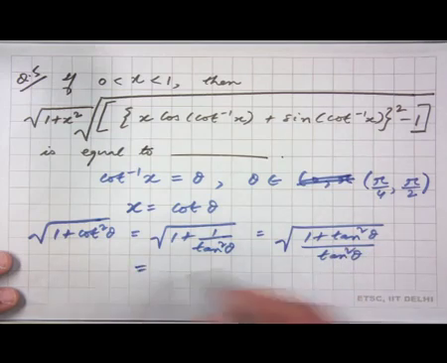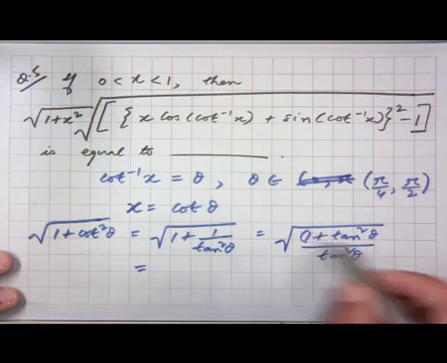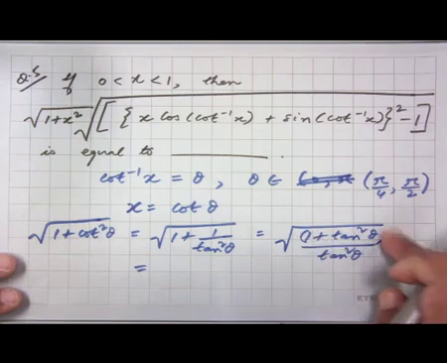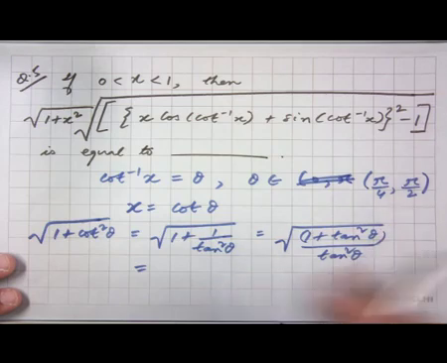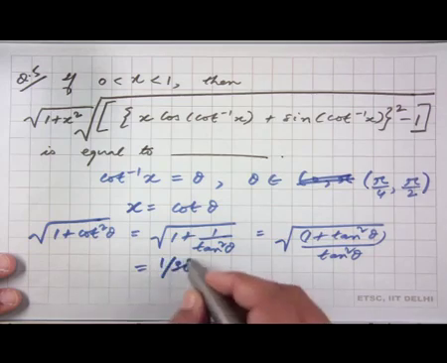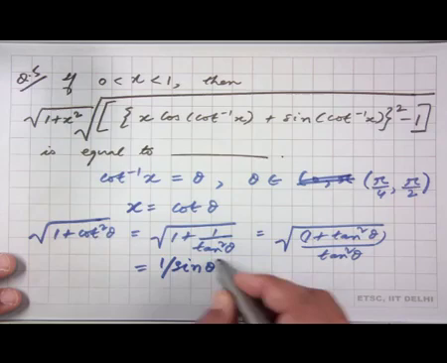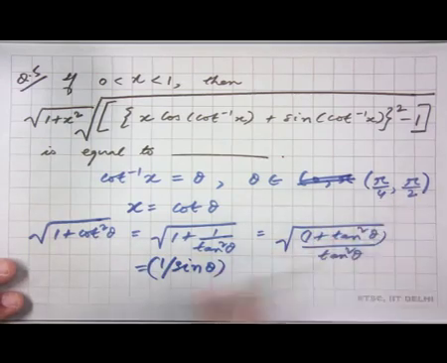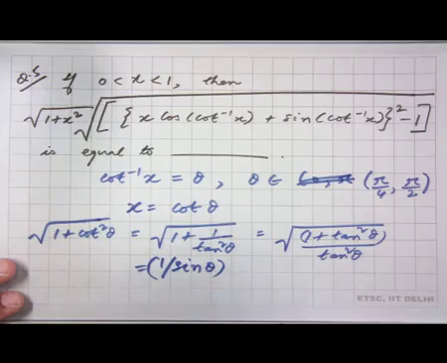This can be further simplified because the numerator becomes sec square theta, and that sec square theta is 1 over cos square theta. So, this will finally simplify to 1 over sine of theta.